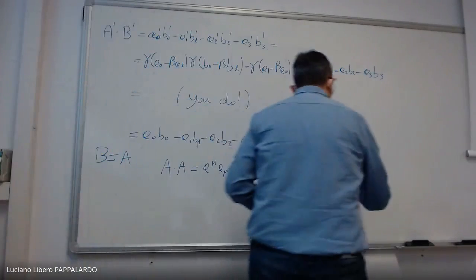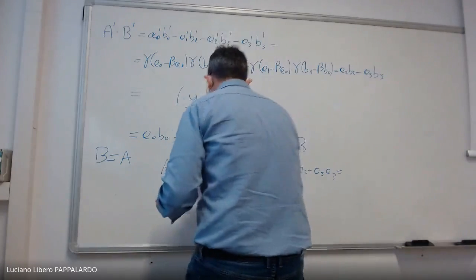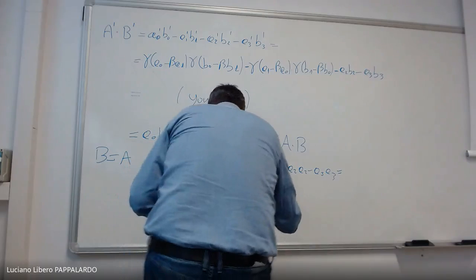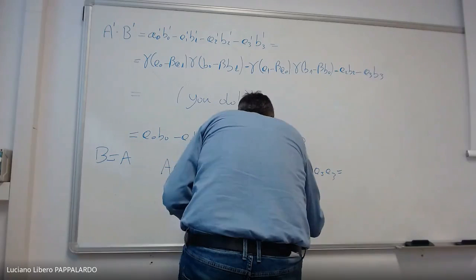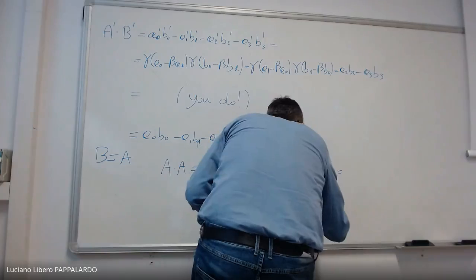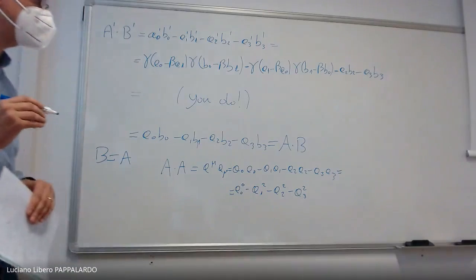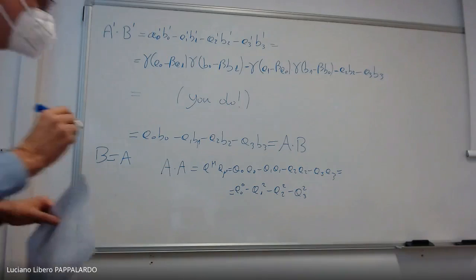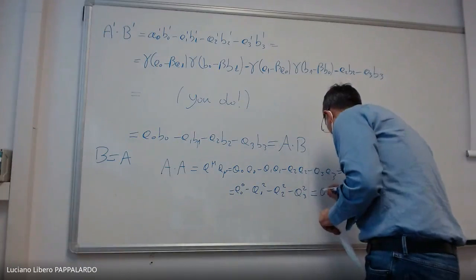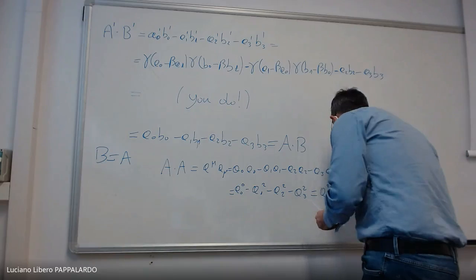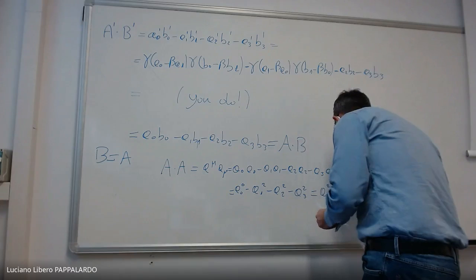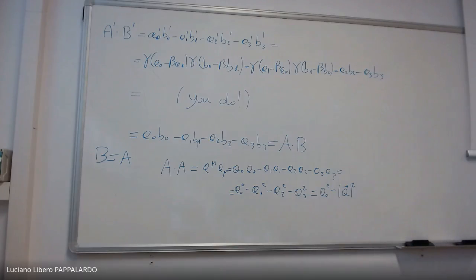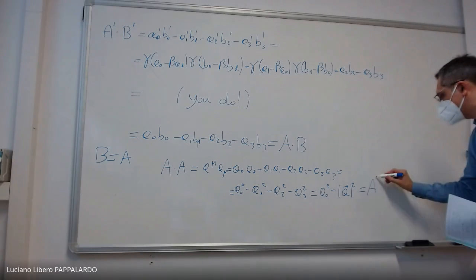Since these are the same, we can also write this as A0 squared minus A1 squared minus A2 squared minus A3 squared. And we can write this in a compact way as A0 squared minus the modulus of the vector A squared, which includes only the spatial components.